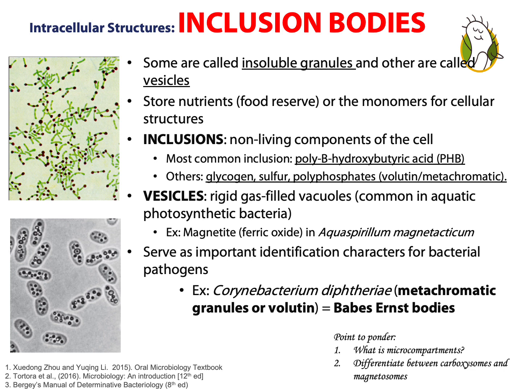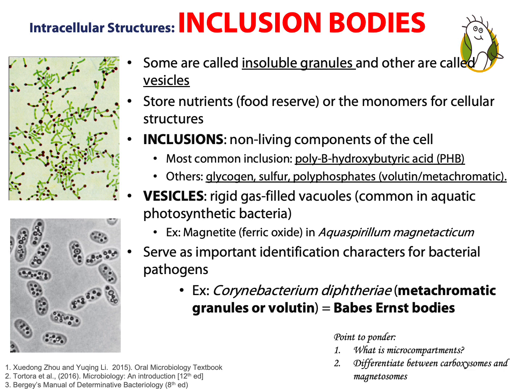Your inclusions are non-living components of the cell. The most common type of inclusions is your poly-β-hydroxybutyric acid or your PHB. Your PHB is a lipid-like compound formed when the source of nitrogen or sulfur or phosphorus is limited and there is excess carbon in the medium.